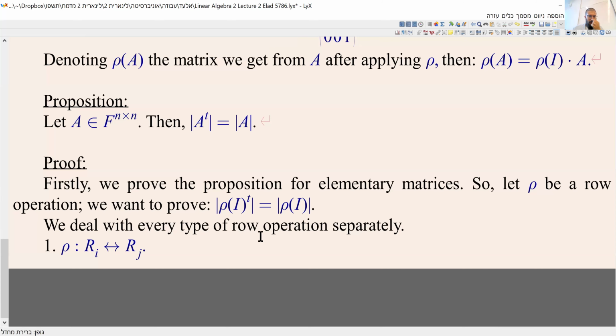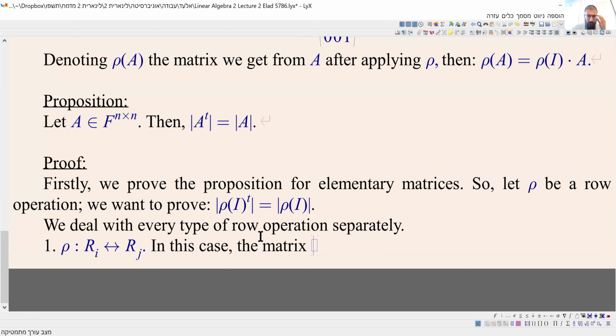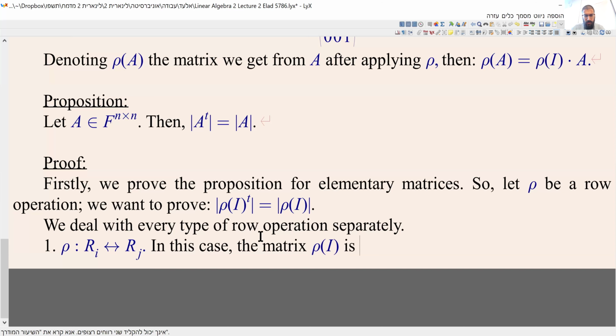Let's write it down quickly. In this case, the matrix row I is symmetric. Let's elaborate, but not so much.